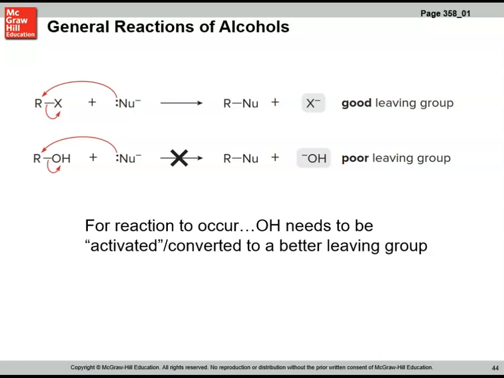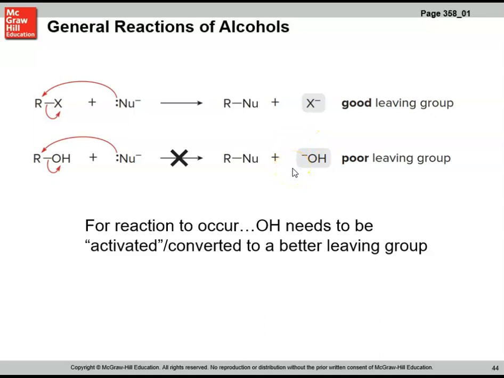Now, this is where the problem starts, because alcohol is not really a good leaving group, right? So in that last example, when we're generating that epoxide, we can have a strong nucleophile come in and bump off that halogen. And generally, halogens are pretty good leaving groups. But when we're talking about doing a nucleophilic substitution, for example, and alcohol is that group we're trying to substitute off, now this OH group is a poor leaving group.